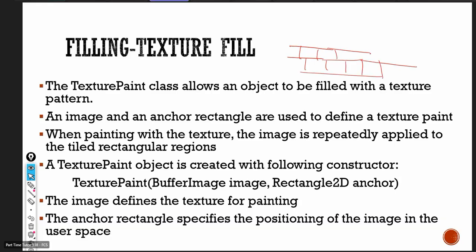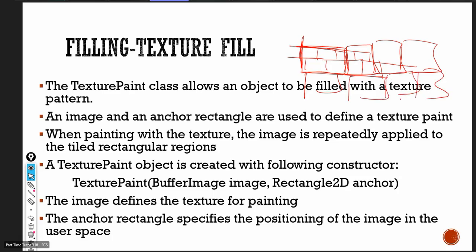I will not draw all the bricks like this, but you can select, for example, an image with 3 or 5 bricks like this, and I can use this image as a texture. So I have to repeat the same pattern, so the same pattern here will be repeated for the whole area.